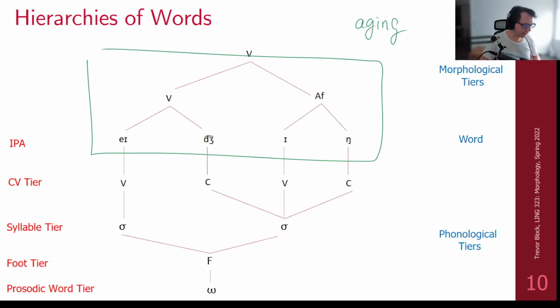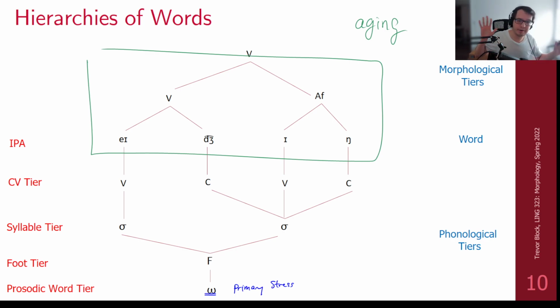But on the other side, these sounds also have a sound structure that doesn't always correlate directly with the word structure. So the very bottom is what's called the prosodic word. This is the thing that assigns primary stress. So which syllable in a word gets primary stress, which foot in the word gets primary stress, that's the prosodic word. What the foot tier does is it takes two syllables and says one of these is going to get stressed.